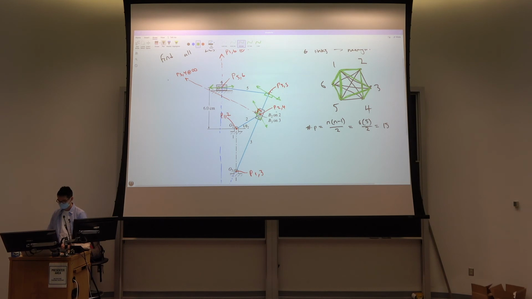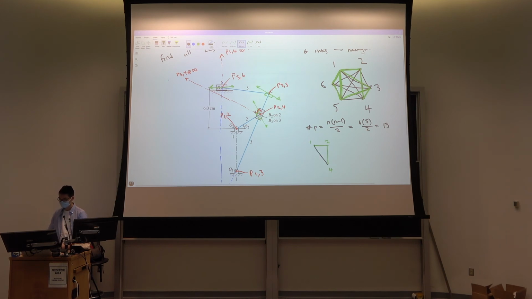So looking at this diagram here, it looks to me like there are two triangles that might work. One is 1, 2, 4. Right?